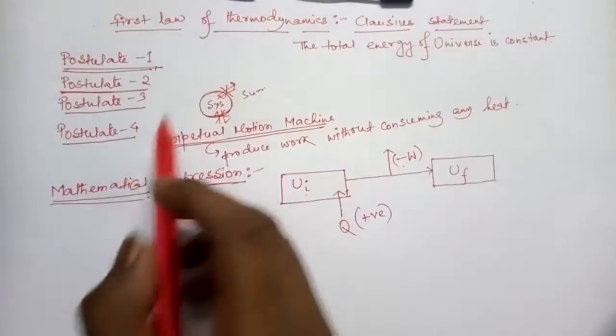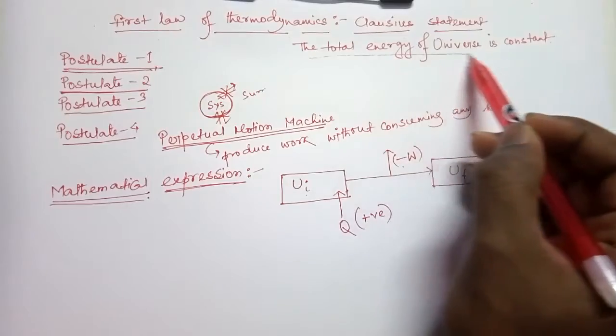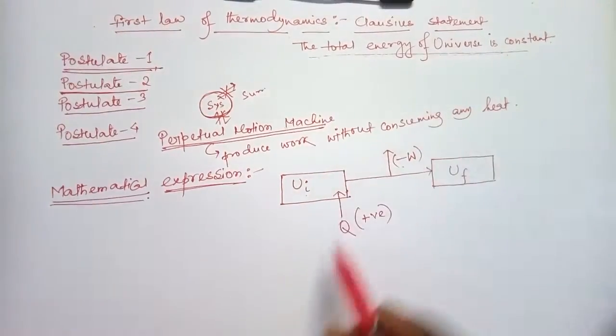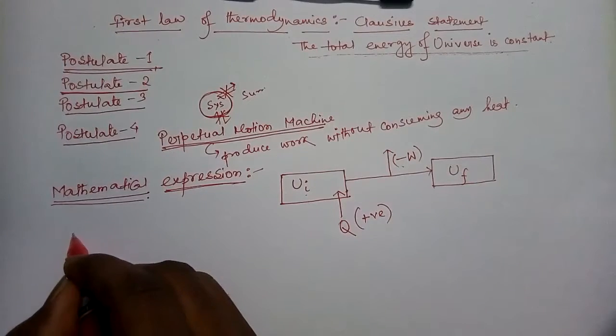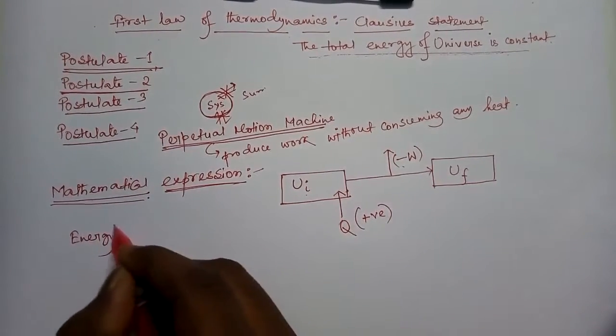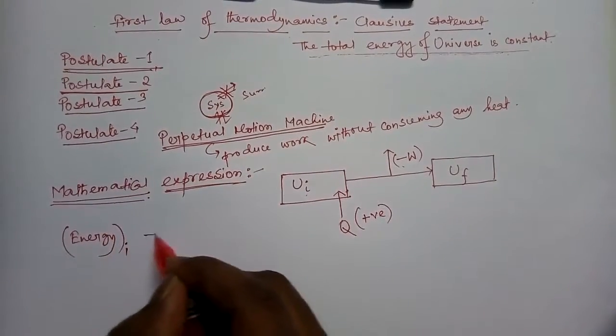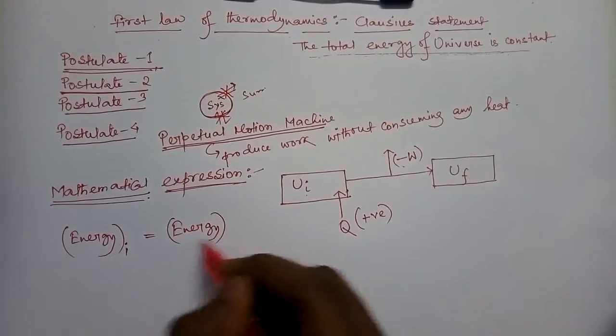According to the first law of thermodynamics, the total energy of the universe is constant. That means the energy of the initial state equals the energy in the final state.